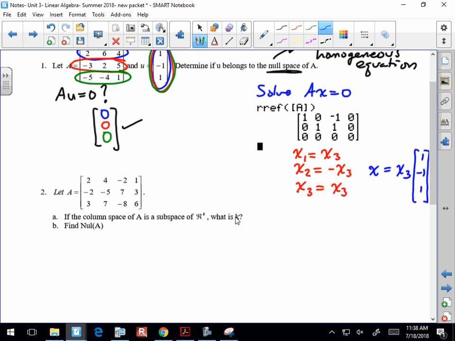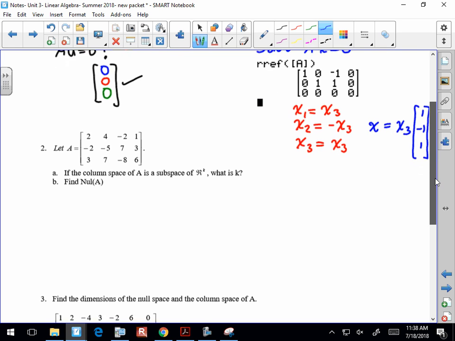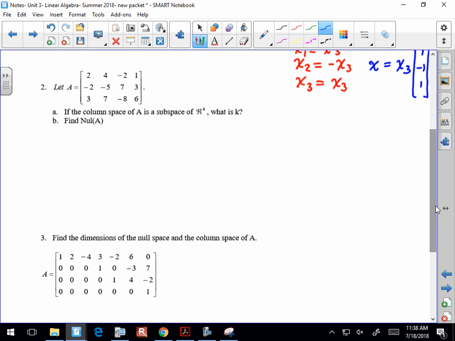So in number 2, if the column space of A is a subspace of R to the K, what is K? Basically, they're asking us for the dimension. When I say R2, that's in 2 dimensions.